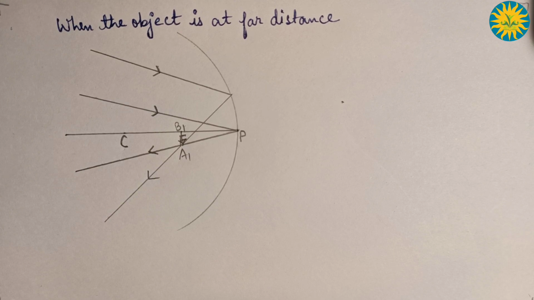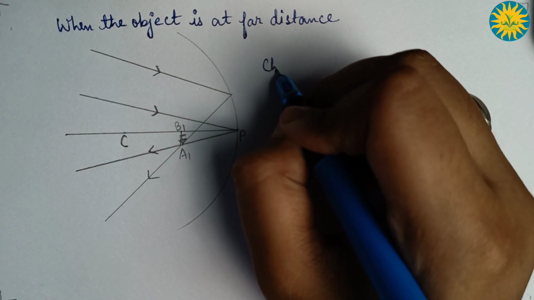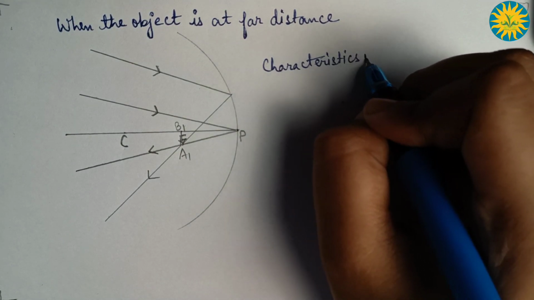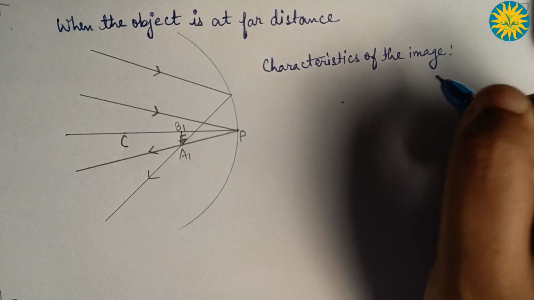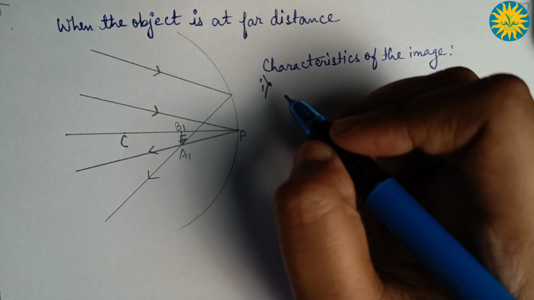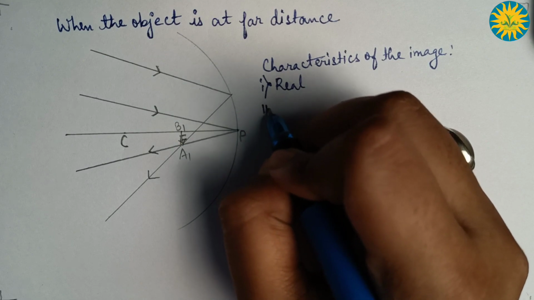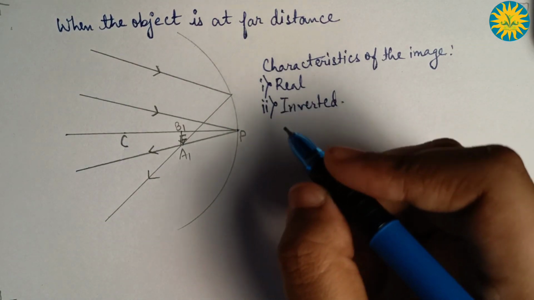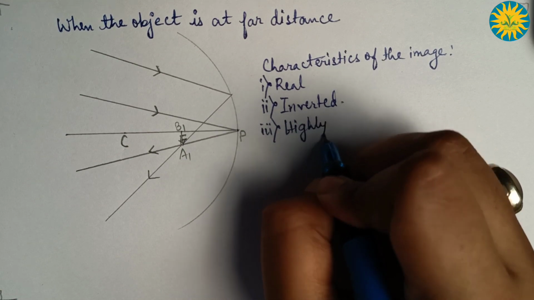Now we will talk about the characteristics of the image formed at far distance. Number 1, the image will be real. Same reason, since the image and object are on the same side of the mirror. It is inverted. You can see that the arrowhead is downward, that is, the image is inverted.